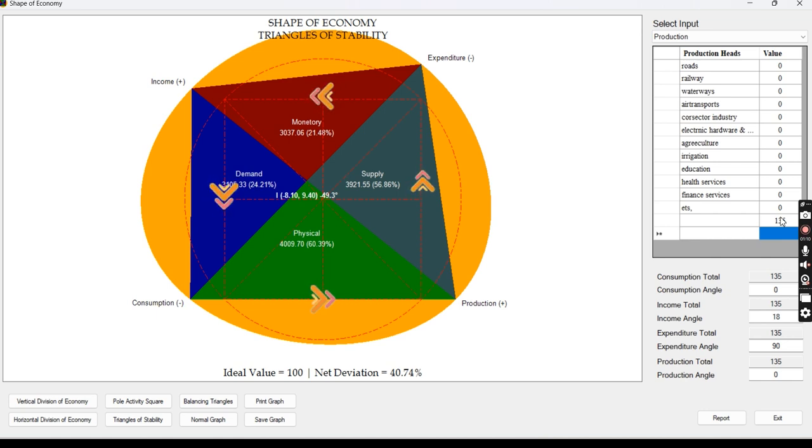Now the productive activities will have to offer more goods and services by creating new infrastructure in manufacturing activity. In all the activities, the production heads once again are the same. Now you will have to reinvest in that economy to match the physical availability of goods and services.